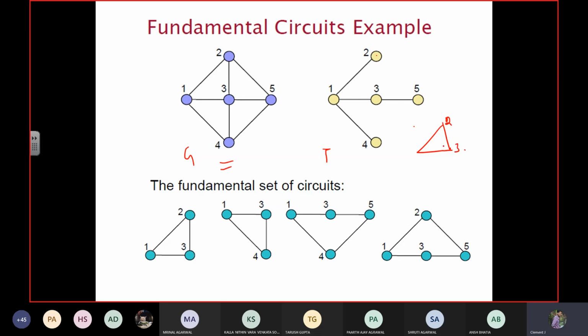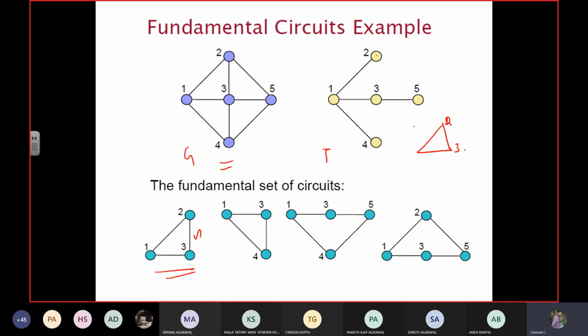By adding the chord 2 3, I get a 3-cycle. This cycle is called a fundamental circuit because it follows the rule: only one chord of that spanning tree is added, and the remaining edges are branches of the spanning tree. It is not violating the rule of fundamental circuit, so I can call this a fundamental circuit.